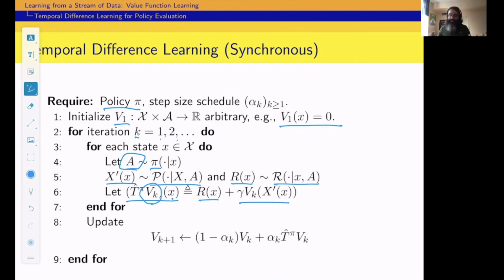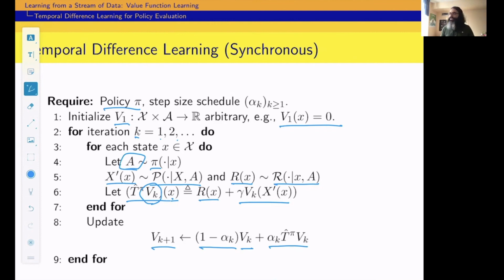Suppose I do all these computations for all states x. And then after collecting all those values and storing them, I do a stochastic approximation update, which would be V_{k+1} equals (1 minus alpha_k) times V_k plus alpha_k times T-hat-pi of V_k.